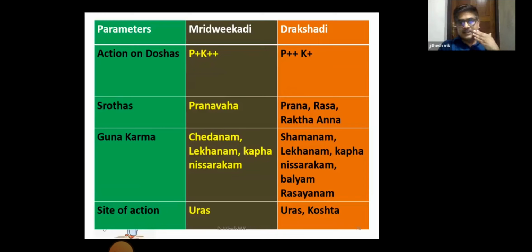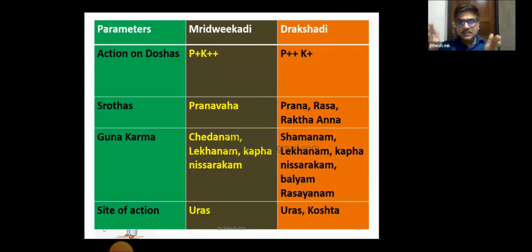So now we will see the action of that. Mrudyugadi and Drakshadi are Pitta Kaphasamana. Mrudyugadi is Kaphadika Pitta Kaphasamana. At the same time, Drakshadi is Pittadika Pitta Kaphasamana. Both the medicines are equally effective in Prana, Rasa and Raktavasodhas.